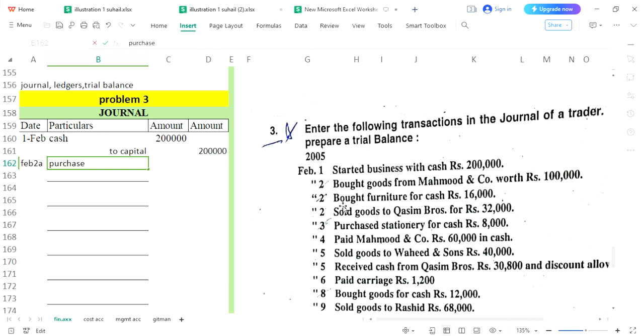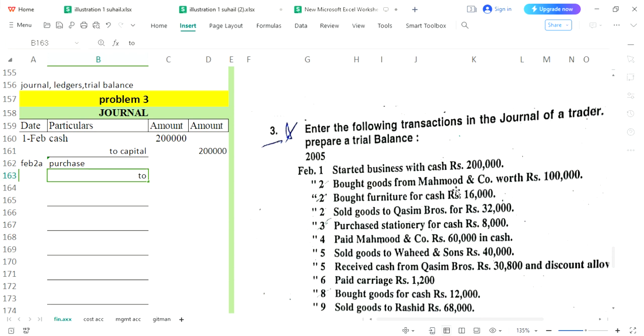So goods are purchased. When you buy anything, you will have to pay cash. But look at this entry. You are buying your goods, cash is not being paid. So if cash is not paid, you are liable to pay cash in future. Liable to pay the amount to whom? Mahmood. Here you can see the person from whom we are buying goods is Mahmood. Mahmood is the person to whom the amount is payable. So Mahmood would be considered our liability. Liability should be mentioned on the credit side.